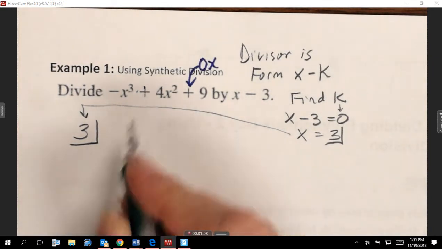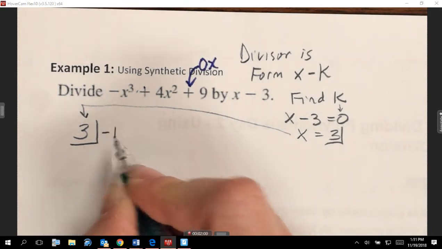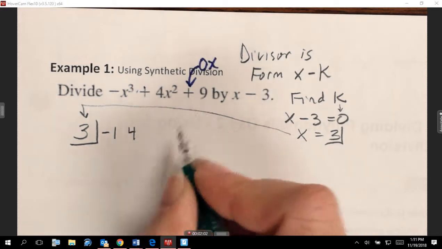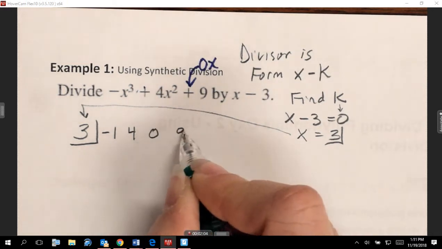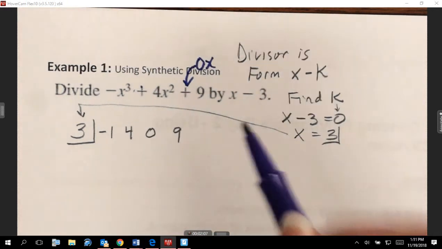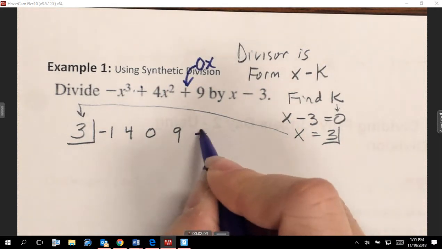Now, next to this 3, I put all the coefficients for the x powers in order. So those are the coefficients of the dividend.